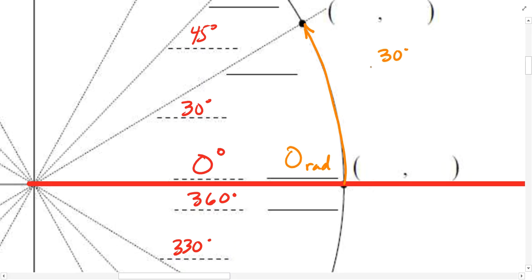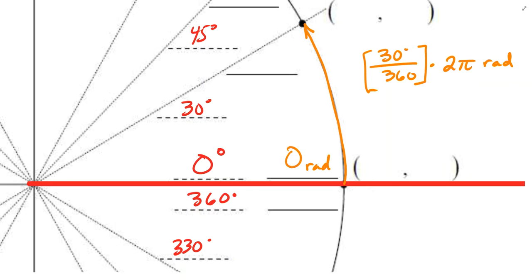It's 30 degrees out of 360 times 2 pi radians, because 30 degrees out of 360 represents the proportion represented by this arc, and 2 pi would represent the entire circle. So the portion of the circle associated with this position would simplify to pi over 6 radians.